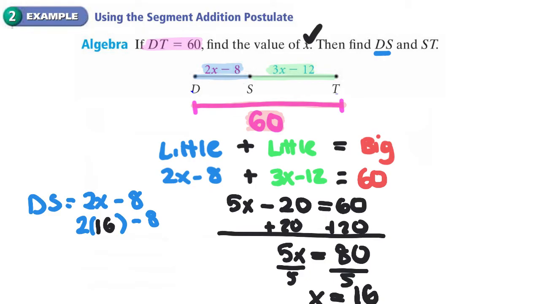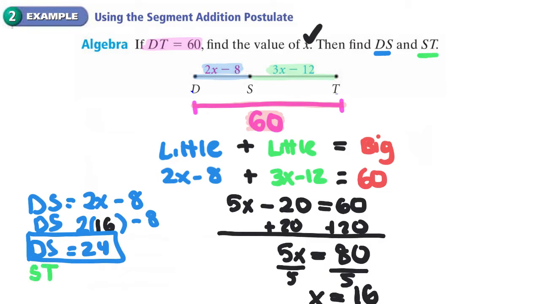And when you plug in the 2 times 16 minus 8 in your calculator, it gives you a value of 24. So DS is equal to 24. Now for ST, we knew from up above that ST was 3x minus 12.